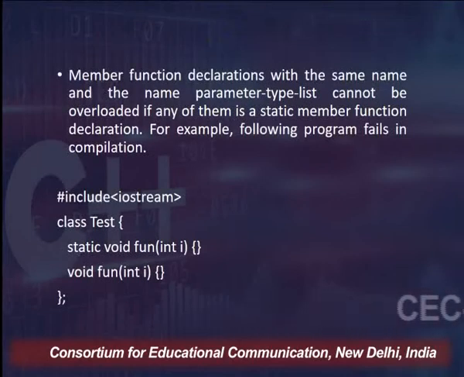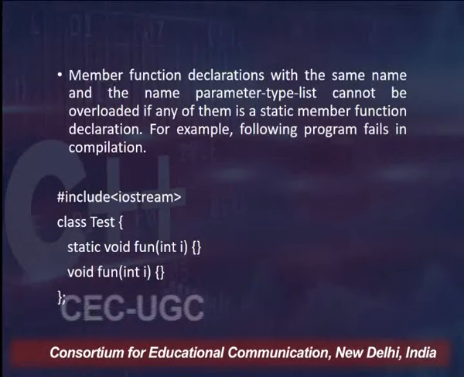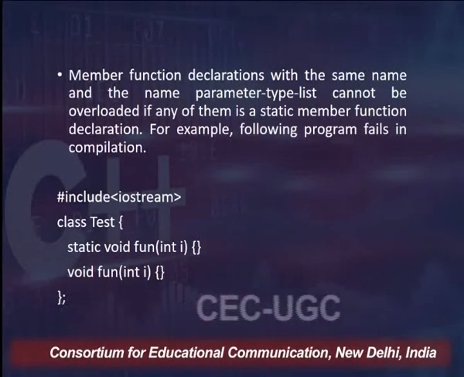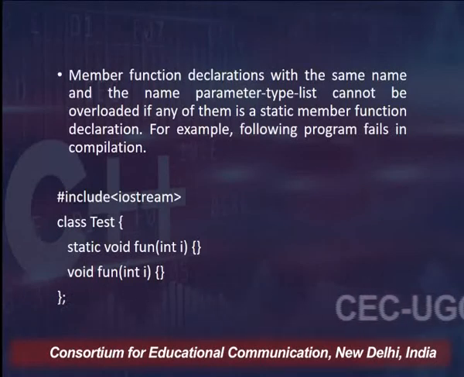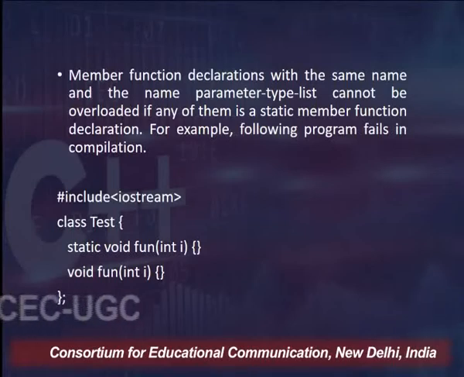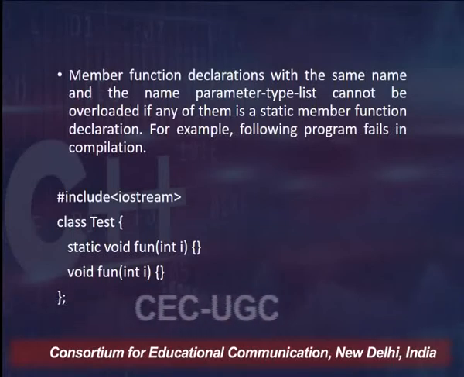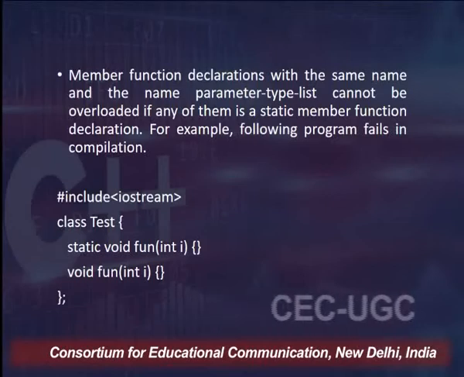Now another rule of function overloading is that member function declarations with the same name and the same parameter type list cannot be overloaded if any of them is a static member function declaration.